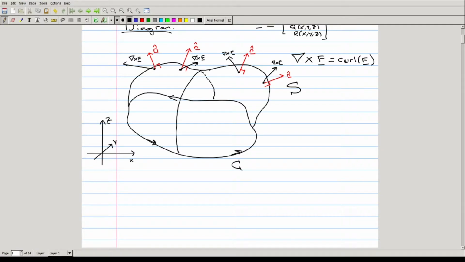Another way of thinking about this is if you consider, say, multiple different patches of this surface. Let's just consider two very small patches along the surface. We cut along one direction of the surface and then along a perpendicular direction of the surface. It'll look like this.